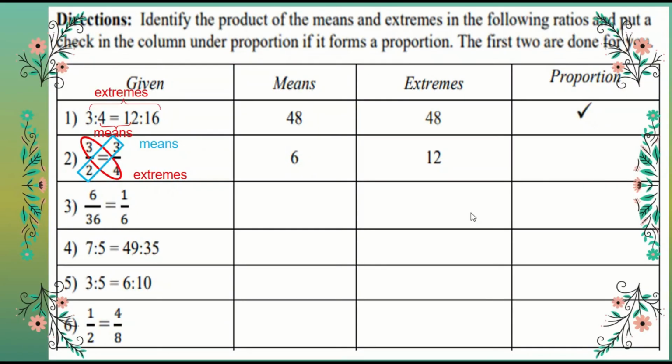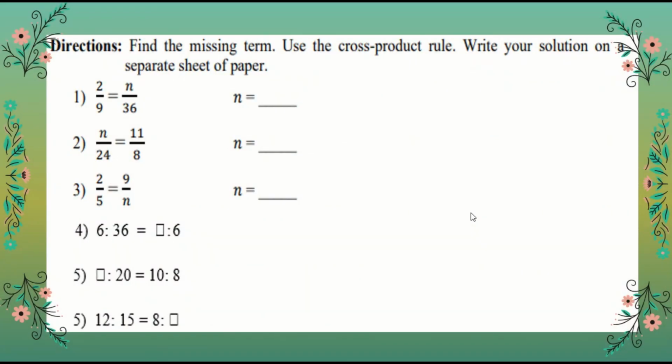For activity 6, find the missing term. Use the cross product rule. Write your solution on a separate sheet of paper. So, example number 1, 2/9 is equal to n/36.